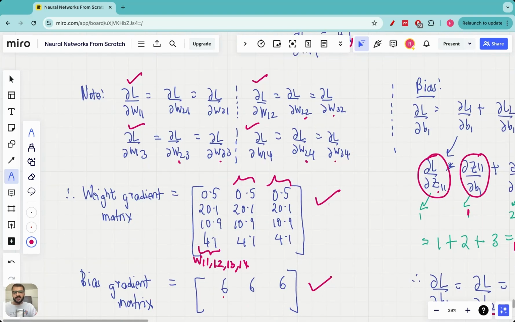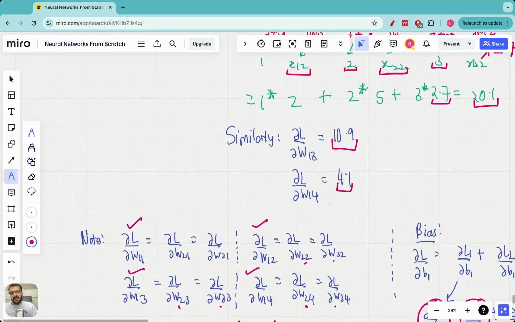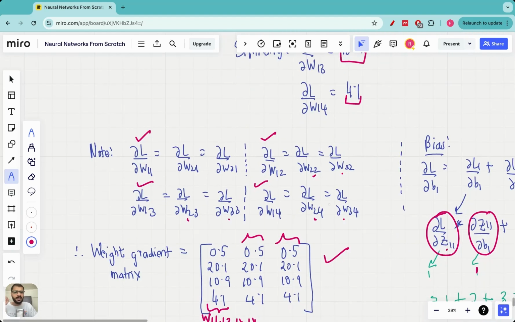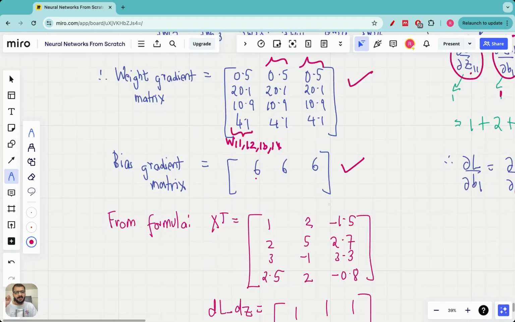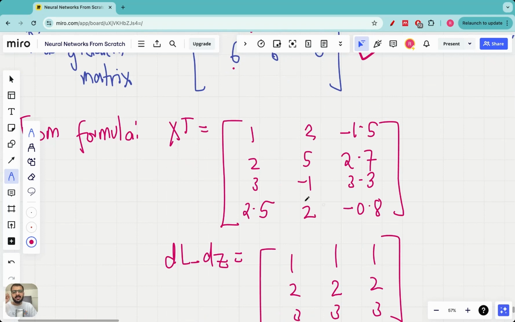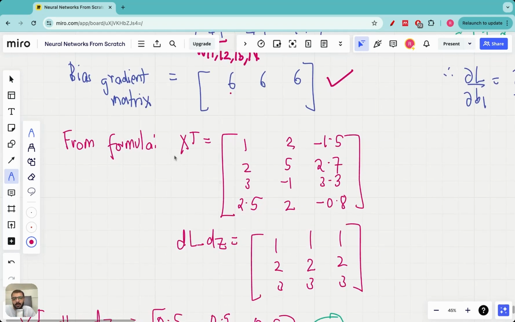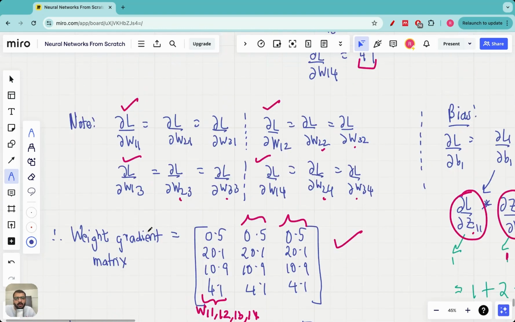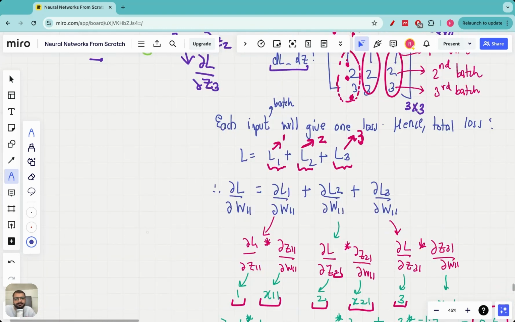Now, we put so much effort to manually understand each of these computations and to find these partial derivatives for the batch of data, for the weights and the biases, right? Let's now just use the same formula which we discussed before. And that formula is x transpose multiplied by dl dz. And let's try to see whether we get a similar answer. So x was already defined over here.